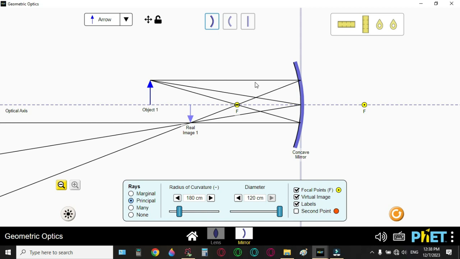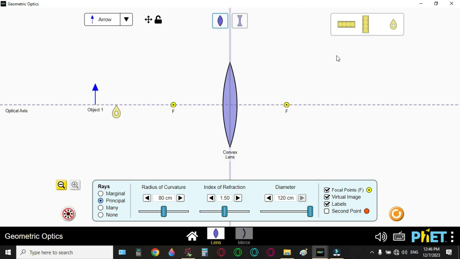So these are the principal rays. As you can see, in mirrors, light needs to be reflected in order to form an image. Okay, so mirrors form these images by reflecting light, and the point at which these light rays converge or intersect, that is the point at which the image is formed.